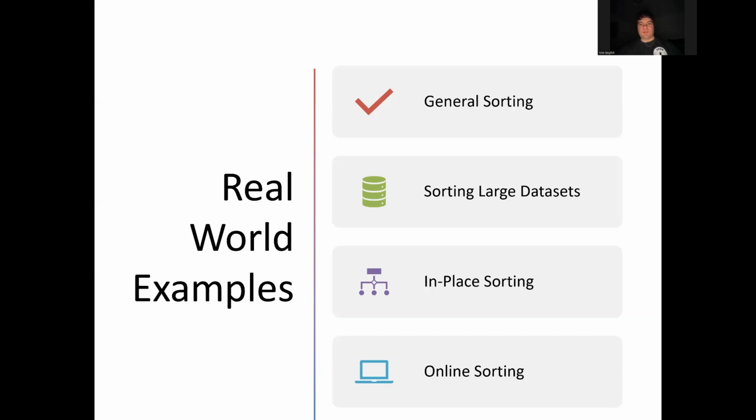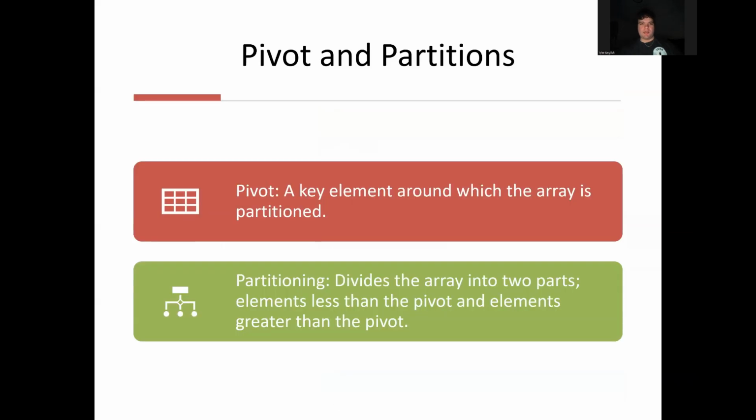We can sort large data sets relative to what we want to sort it by, because it uses a low memory sequence. Usually it's an in-place sorting algorithm, so anything in-place we can just use. And it's really fast, so usually we can do it online if it's low memory capacity.